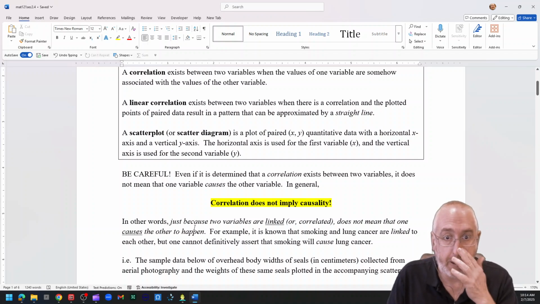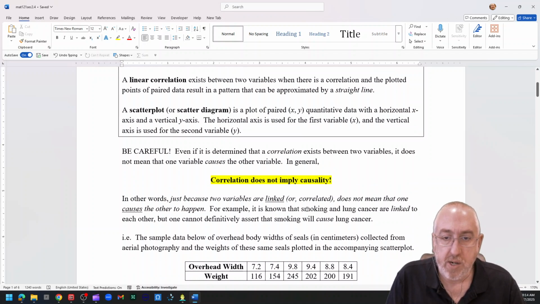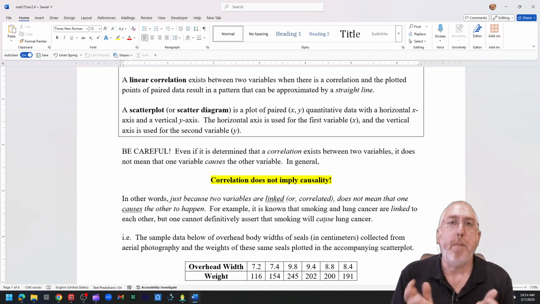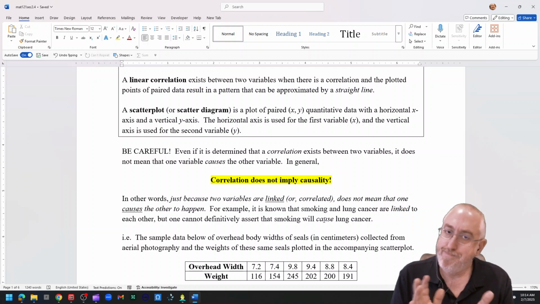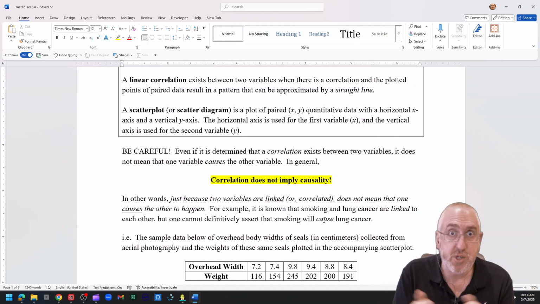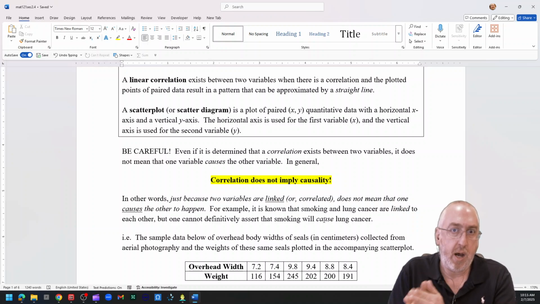So very important. And just to give you an example of that, we can look at smoking and lung cancer. Now, many people would say, well, smoking is probably the number one leading cause of lung cancer. But that is not 100% true, and that's the catch in all of this. Even though there's evidence to support a linkage between those two things, you cannot definitively say that 100% of the time smoking is going to cause lung cancer.